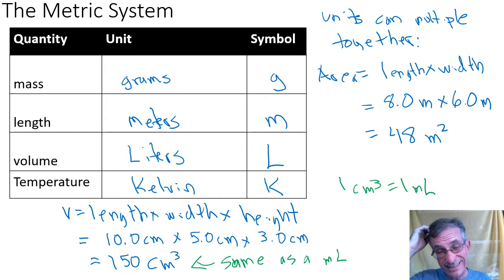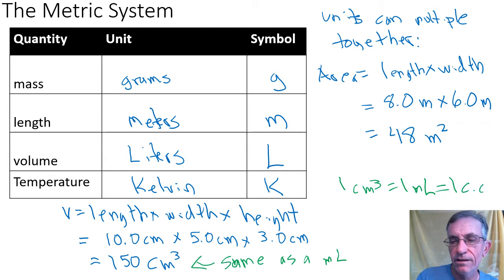You might even hear it called CC, like if you've watched medical shows, or some of you might work in hospitals or hope to work in hospitals. So a milliliter, a cubic centimeter, that's the same thing as a CC. They'll say, oh, give them 50 cc's of adrenaline. It's 50 milliliters, really, same thing.